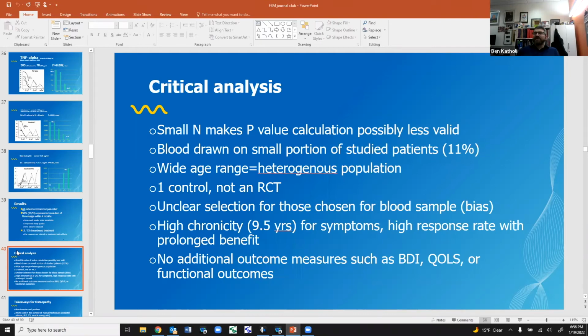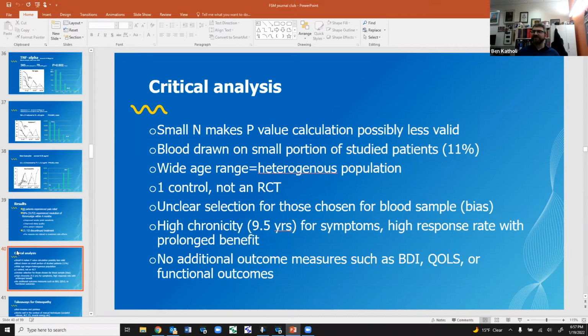And they only were able to afford to draw a blood sample on a small number of those patients. So, did this happen with all the patients? Everybody experienced pain relief, but did everybody have reduction in inflammatory markers? We hope so, but we don't know. And I may have missed it in the study, but I don't know how they identified who they drew markers from, but it gives you a notion of maybe some bias there.